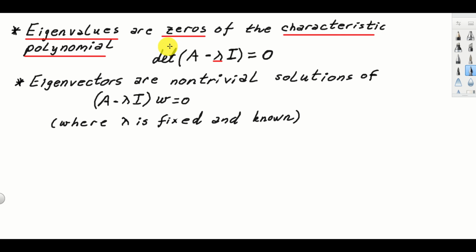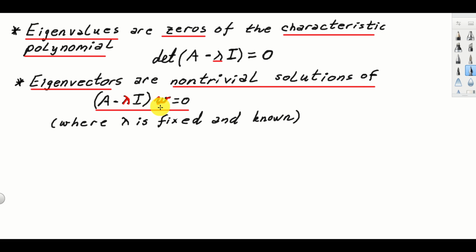Once we compute the eigenvalues by computing the zeros of the characteristic polynomial, we can compute the eigenvectors as non-trivial solutions of this system of equations where the unknowns are the entries of the vector W. Here it's assumed that the eigenvalue is fixed and known. That is, for every eigenvalue we will have to solve the corresponding system of equations to compute W.